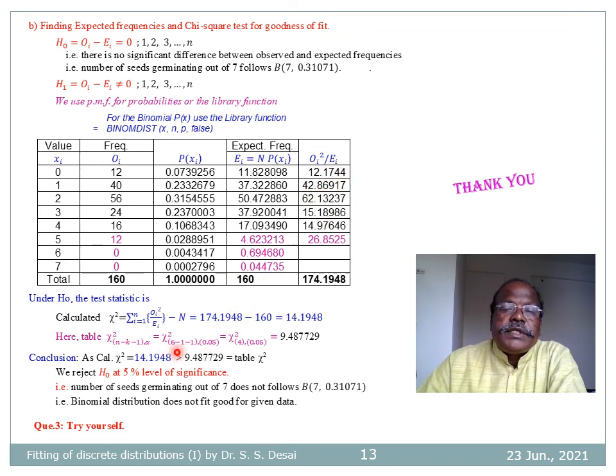So chi-square 6 minus 1, where k is 1, since we have estimated the value of parameter p, and therefore chi-square 6 minus 1 minus 1, that is chi-square 4, is 9.4877. As the calculated chi-square is greater than table chi-square, we reject H naught at 5% level of significance, that is, the number of seeds germinating out of 7 does not follow binomial distribution.